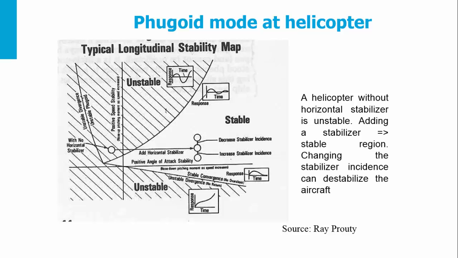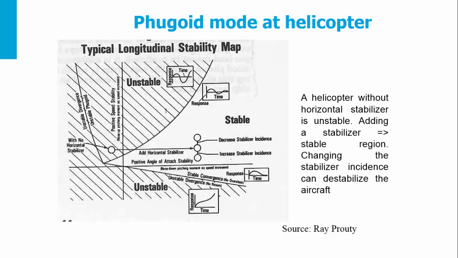You see that for a helicopter, usually we have regions of unstable behavior where the phugoid is unstable. Here is a helicopter without horizontal stabilizer. If we add a horizontal stabilizer, we will go into the stable region. However, be careful.